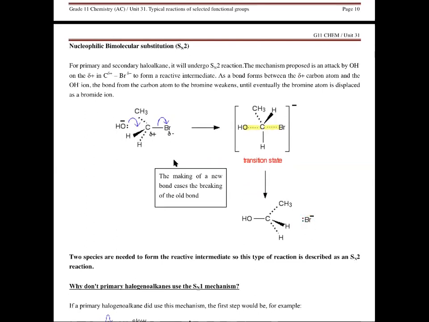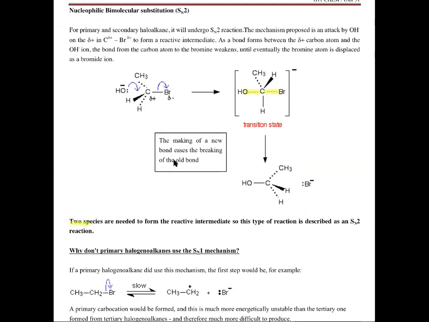In this mechanism, you can see there are two reactants involved in forming this reactive intermediate. Hence, it's an SN2 reaction. Two species are needed, so we call it SN2.